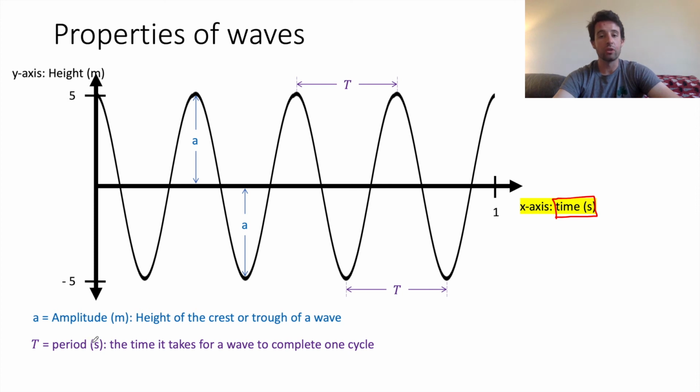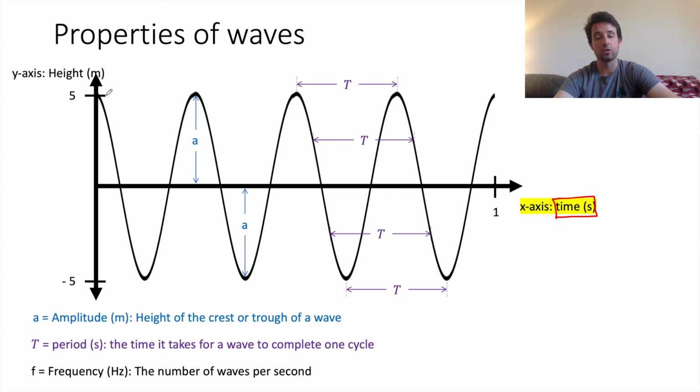The other thing we are going to talk about is frequency. So frequency is lowercase f, and it has the unit hertz, capital H, lowercase z, and that is the number of waves per second. So here you'll notice that it completes 1 cycle, 2 cycles, 3 cycles, a total of 4 cycles in 1 second.